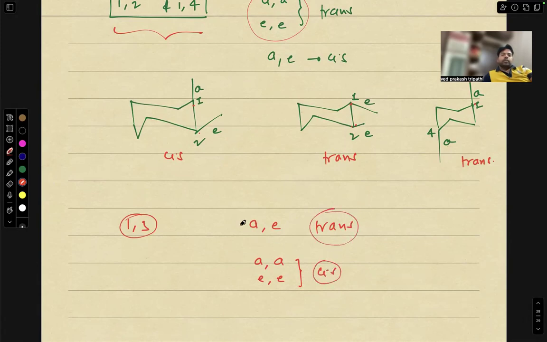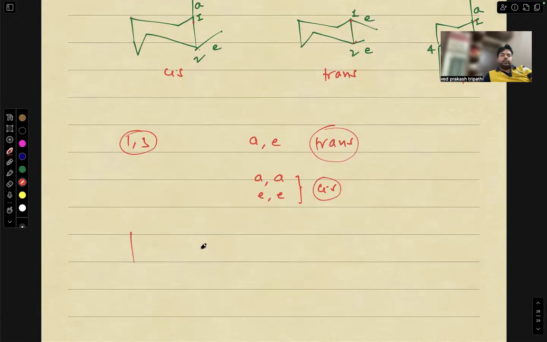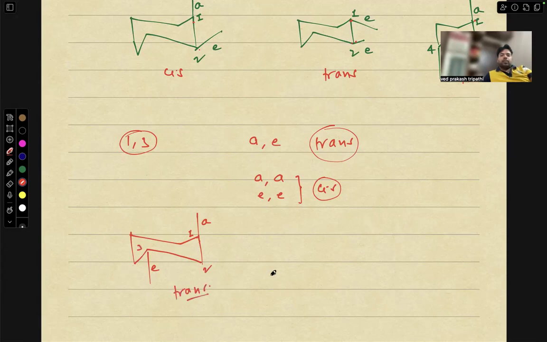Just opposite. Like this. This is axial, this is equatorial. The position is 1, 3. And this one is called cis. Okay. So this is about cis trans in the chair form.